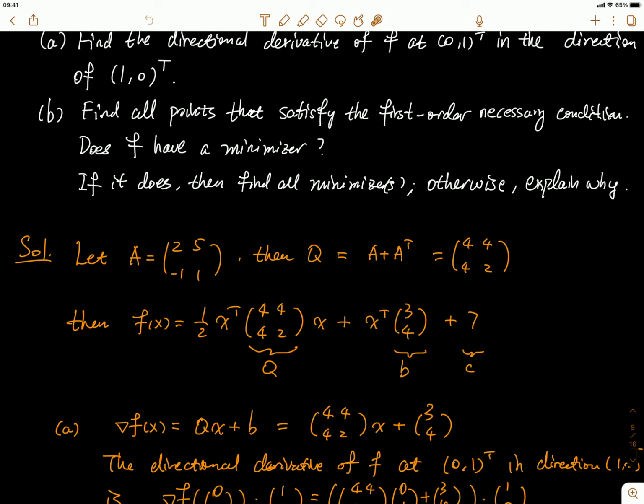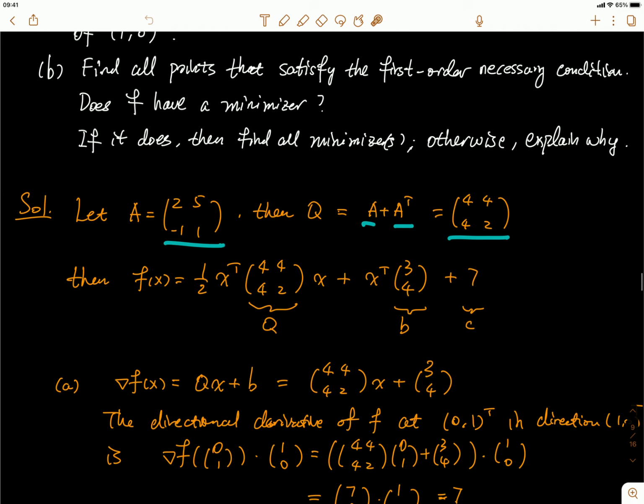That's our Q. So A plus A transpose gives us this. And then we'll get the standard form of the quadratic function f of x, and that is half x transpose Qx. Notice that Q is symmetric now, and the other terms are the same.